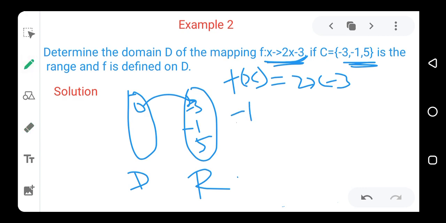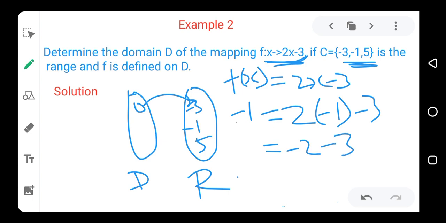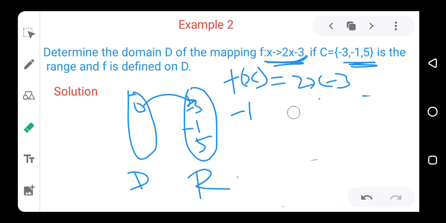Minus 1 is equal to 2 bracket minus 1 minus 3, which is equal to minus 2 minus 2 minus 3. Sorry, this is not it, we are looking for x.